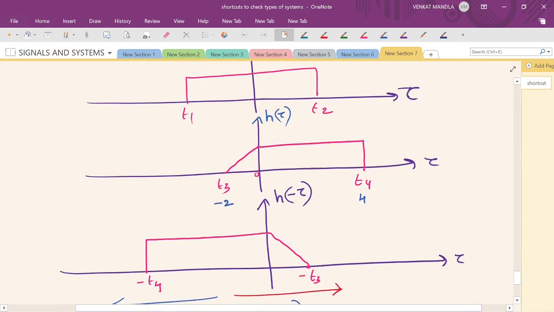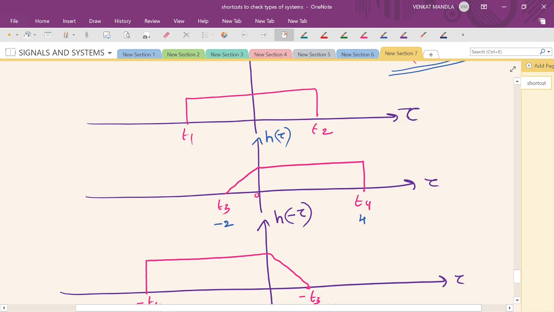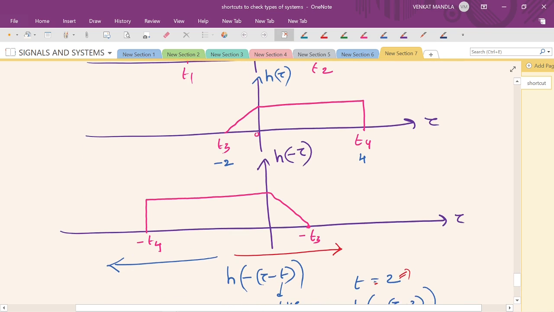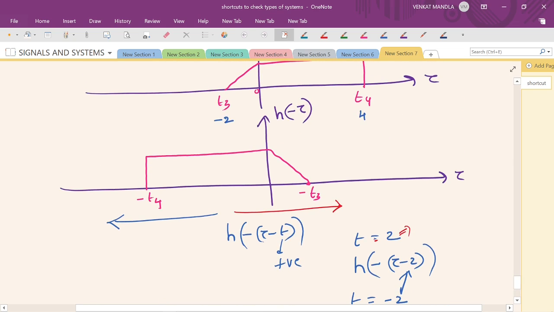So for that I am using the convolution x of tau. This is h of tau. This is h of minus tau. Then I have to shift by some amount of small t.